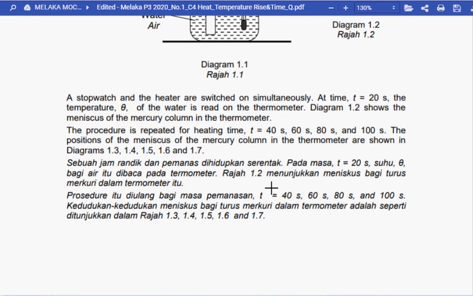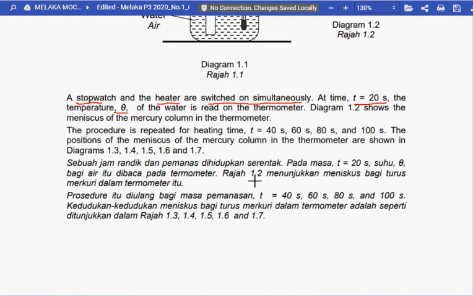Now, a stopwatch and the heater are switched on simultaneously. After the initial temperature is recorded, the stopwatch and the heater are switched on simultaneously. At the time t equal to 20 seconds, the temperature theta of water is read on the thermometer.